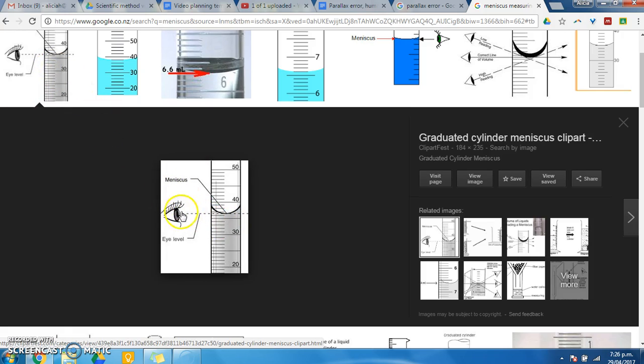Here's another example. This person is looking from eye level to avoid parallax error at the base of the meniscus, which is this lowest point here. If we have a look on this measuring cylinder, that's 30 there, so that's 35. That means that this is probably 36.5 or thereabouts at the base of the meniscus.